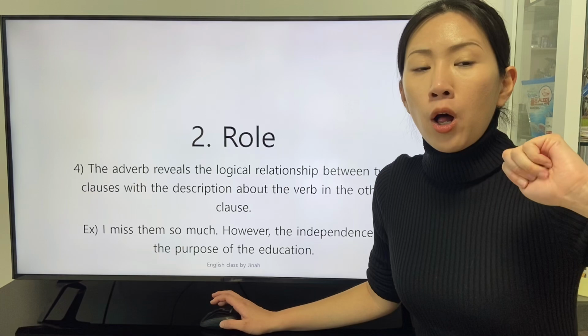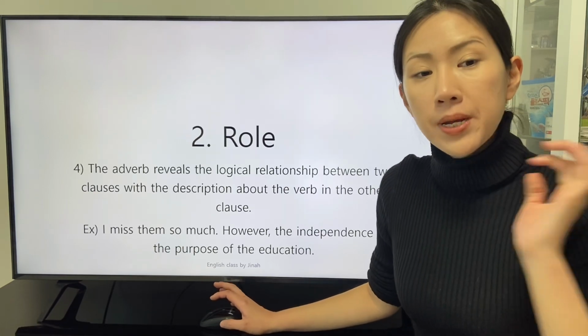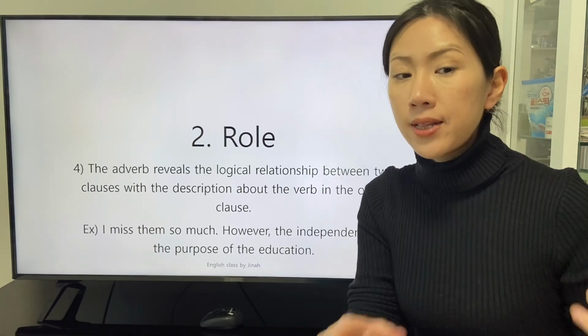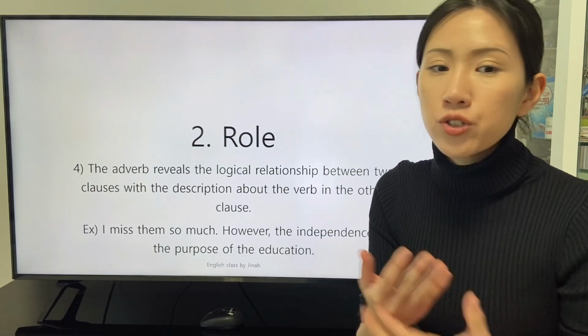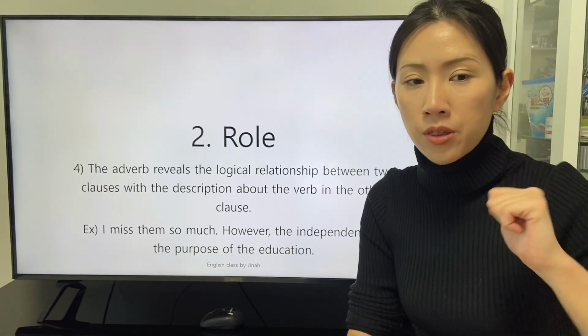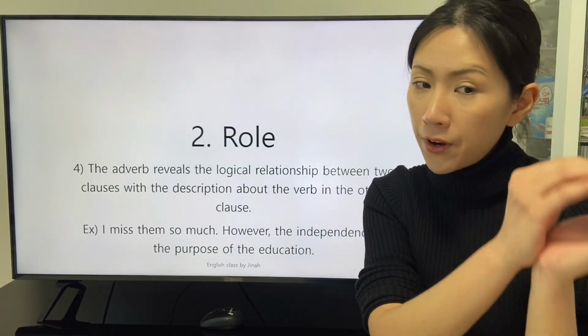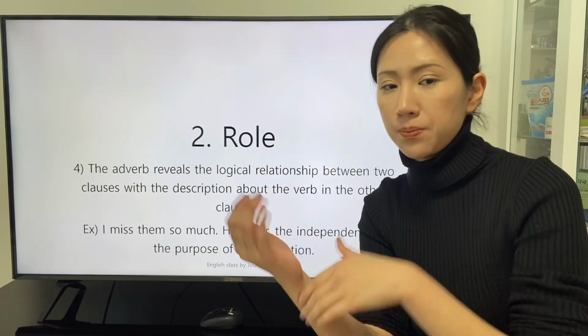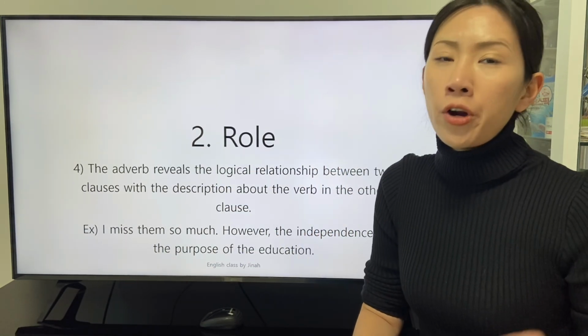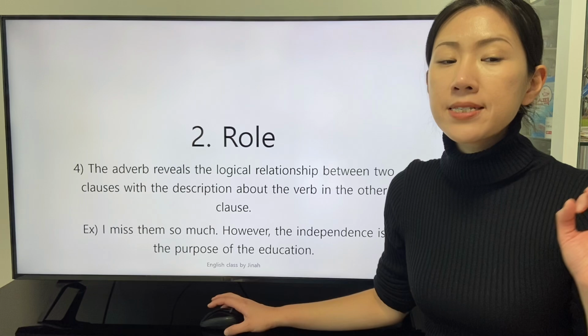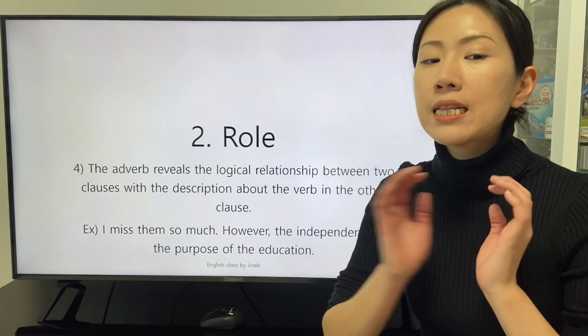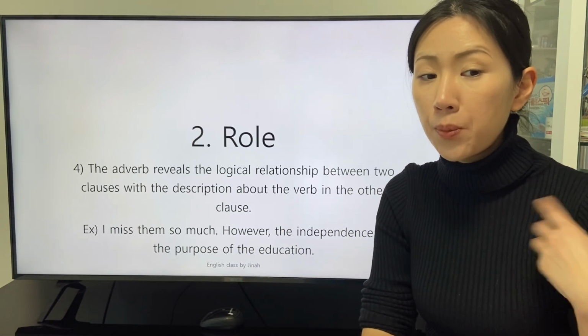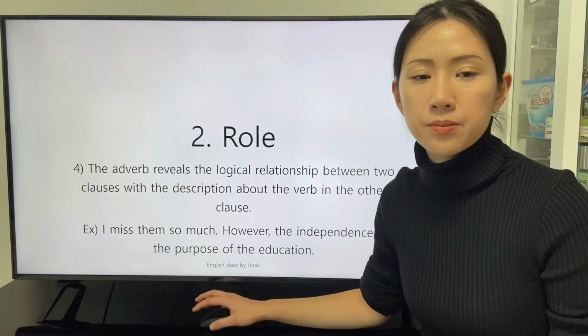The first role of the adverb is this. The adverb reveals the logical relationship between two clauses with the description about the verb in the other clause. There are clauses. I miss them so much. However, the independence is the purpose of the education.